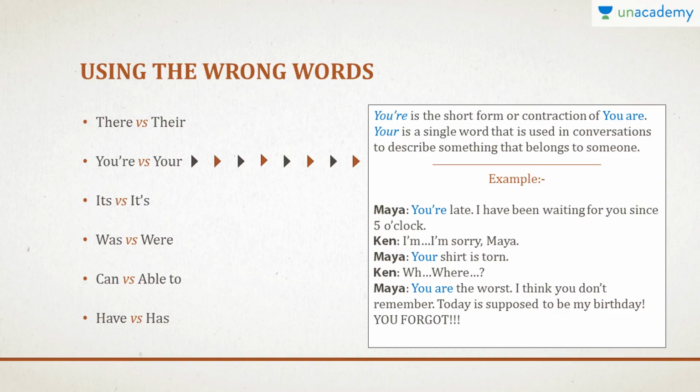In all these cases, just try replacing your with you are, and you can see that it won't make any sense. It'll sound something like you are hair is awesome, you are bus is coming, you are food is getting cold, all of which is incorrect. So be careful when you're writing these words.